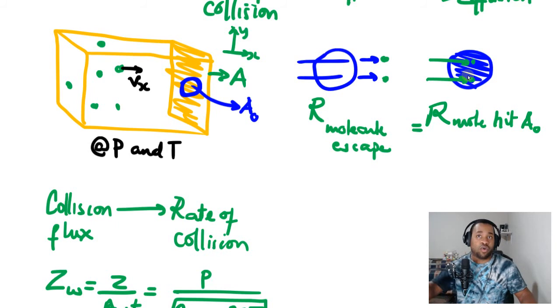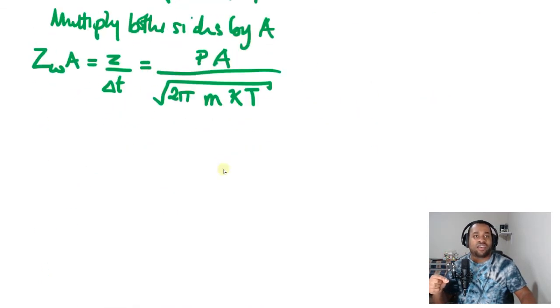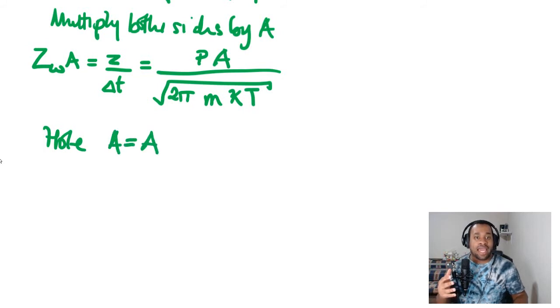So before the hole is created, the pressure of this whole system is equal to the pressure that is exerted on our potential hole. So therefore, as a result, expressing this in terms of our hole, we are going to link our area now to become A naught.